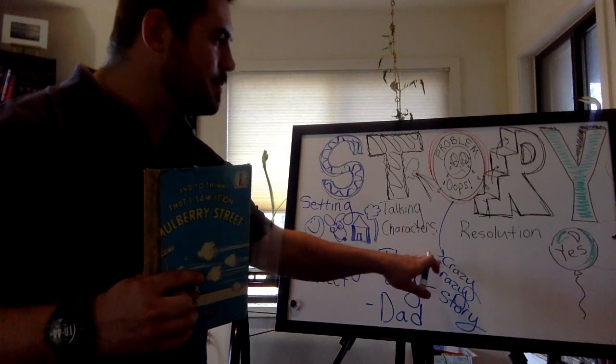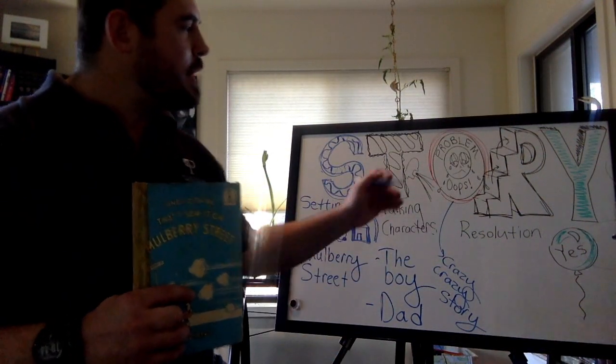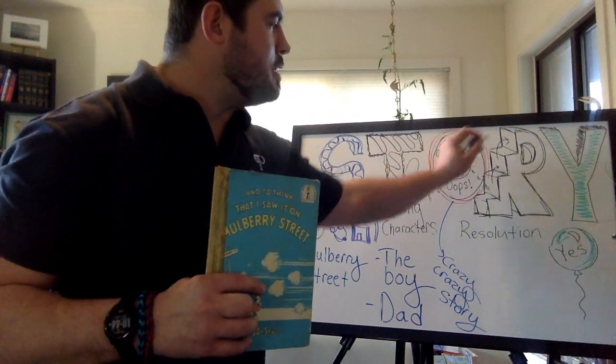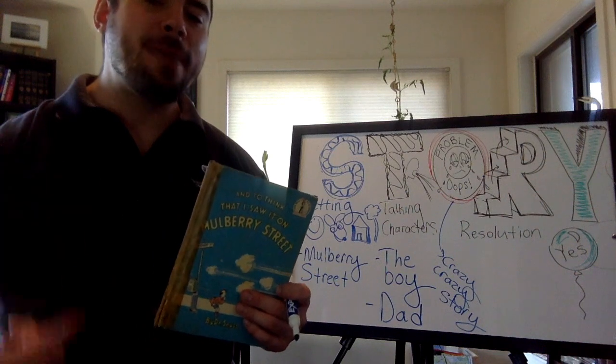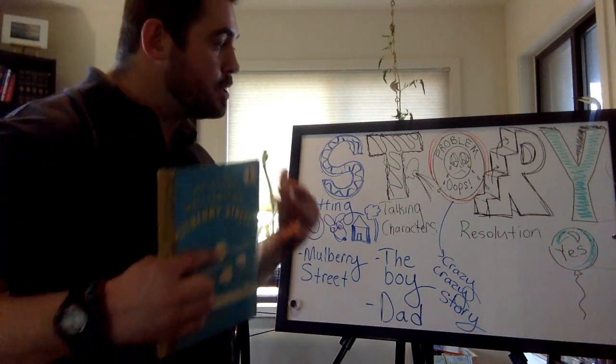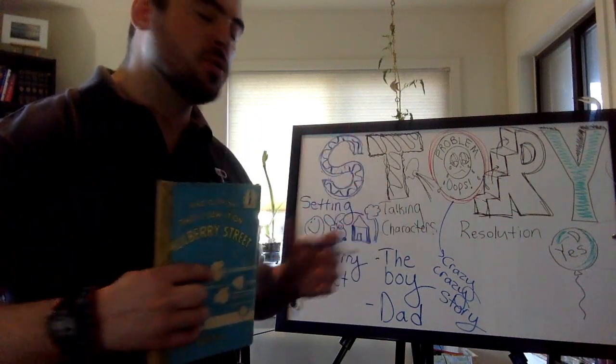The steps that he takes to solve the problem, well, this isn't really a traditional story with like a problem that really definitely needs to be solved. But if we think about what's being added each time, the boy is adding to his story. He's adding to his imagination. And his imagination is then sort of adding more and more and more to the story.